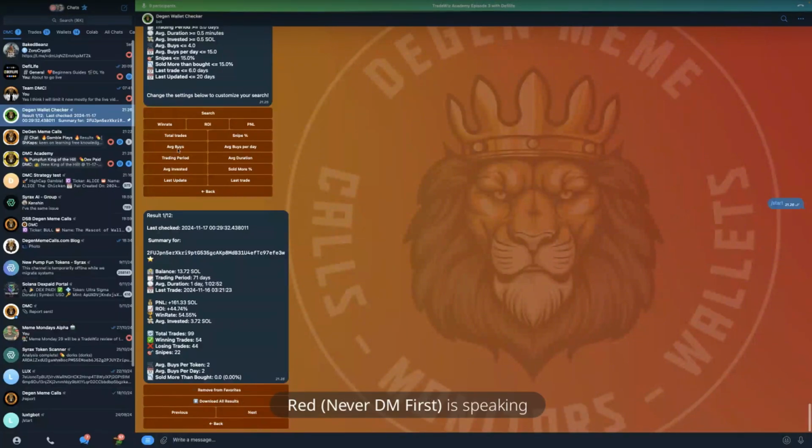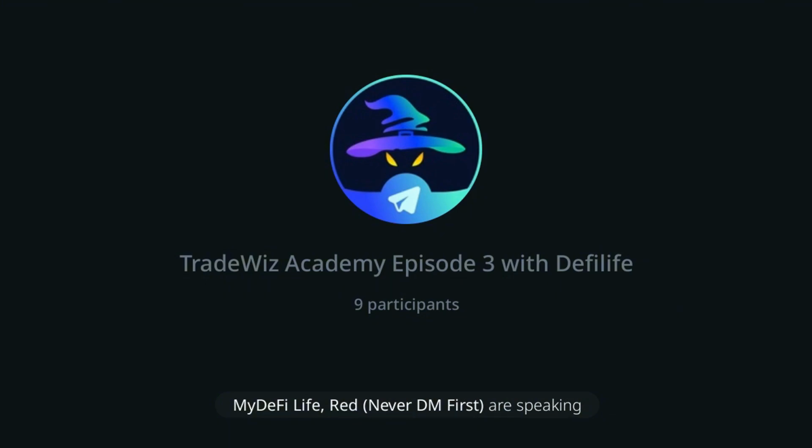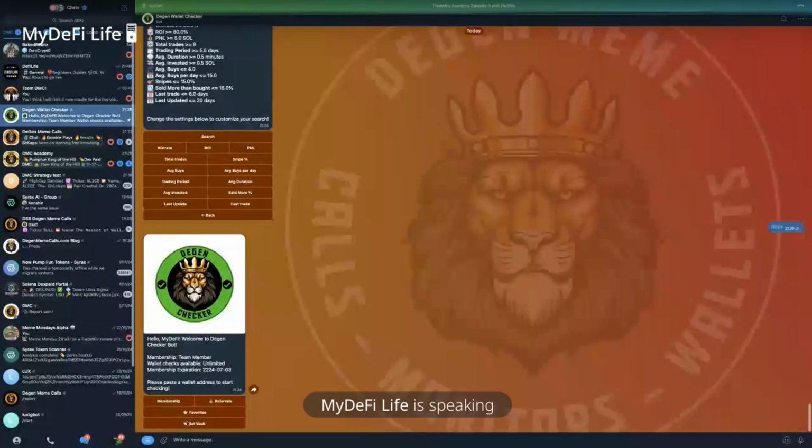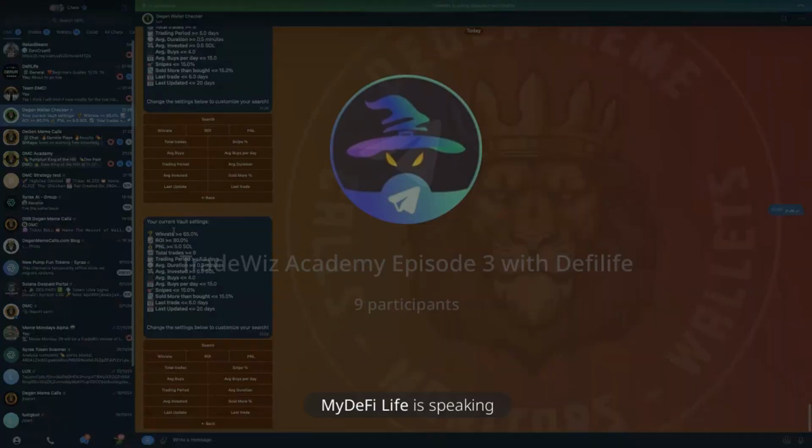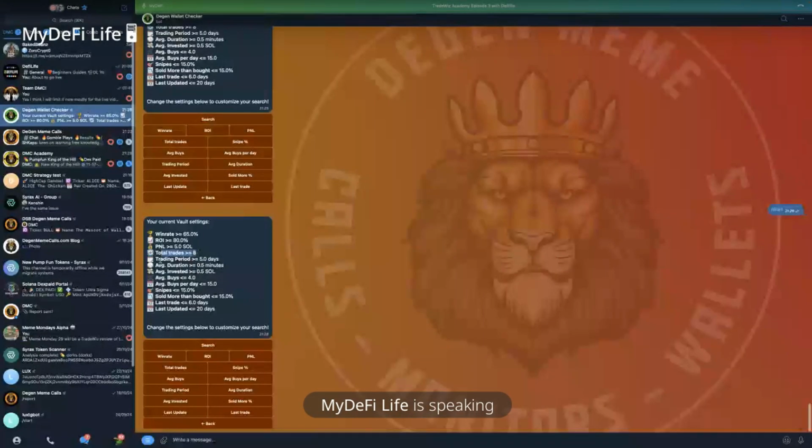Well, there are obviously a lot of filters when it comes to the wallet vault. Judging by all these filters that you set, you're going to get different results. Even if you have the same win rate, you're going to have a lot of different settings and filters that reduce down the results as well.